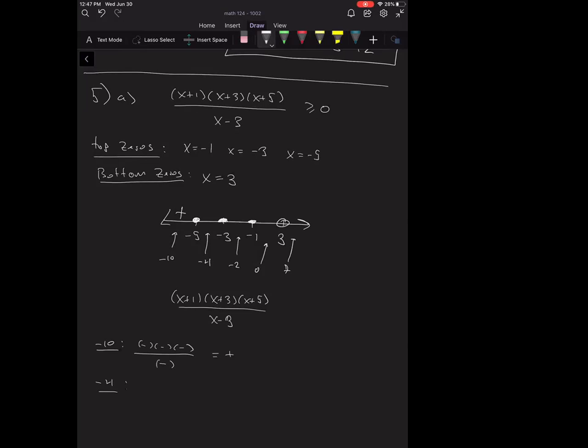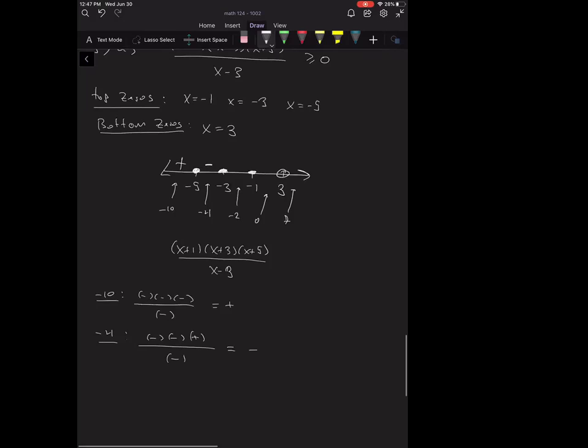Our next one, the number we chose, minus 4. The first two terms will be negative on the top, and the x plus 5 term would be positive, and the term on the bottom would be negative. So we'd have 3 negatives and a positive, which gives us an overall negative. Then minus 2. We would have the first term being negative, and the second two terms being positive, and the term on the bottom is also going to be negative.